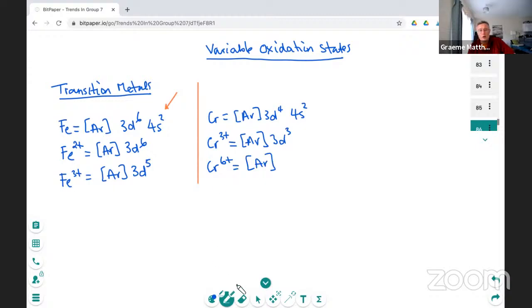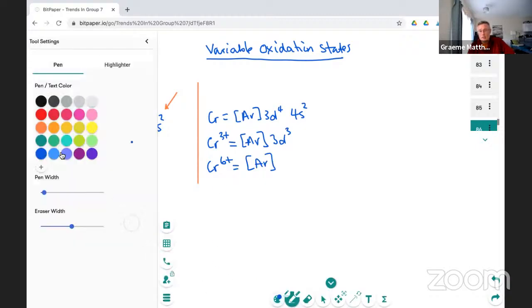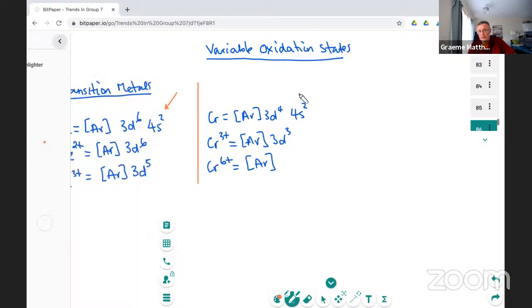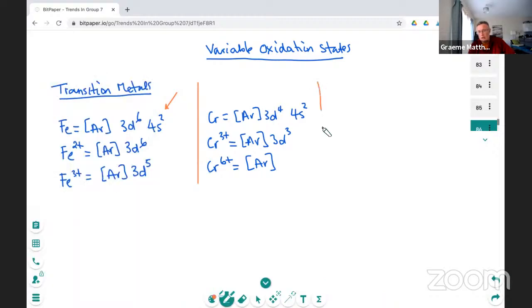What I'm getting at is that you do need to have an idea that non-metals and transition metals have a variable oxidation state, and this oxidation state is dependent upon the electronic configuration, and the interplay between electron configuration, nuclear charge, electronegativity and ionization energy.